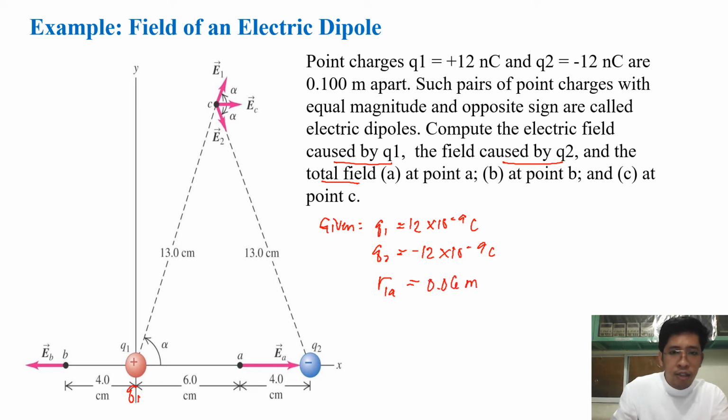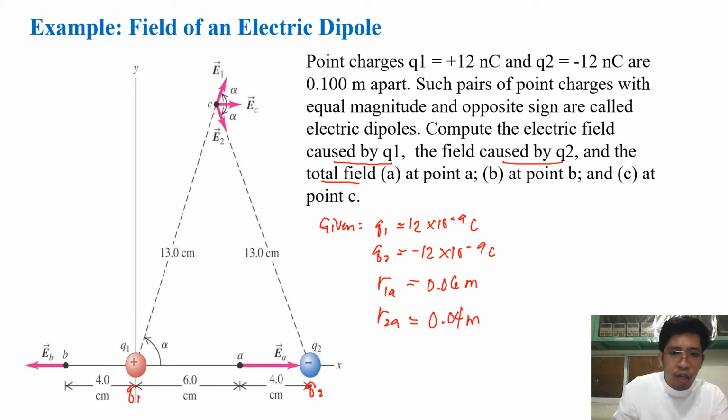And then your R2A, meaning the separation distance from Q2 to point A, you have here 4 centimeters, or 0.04 meters.